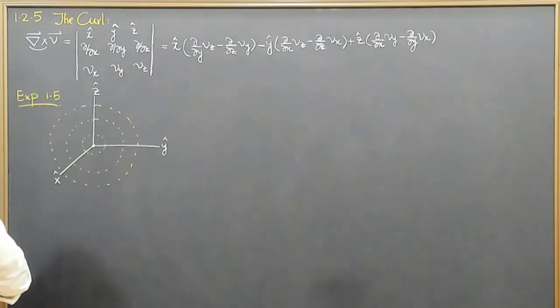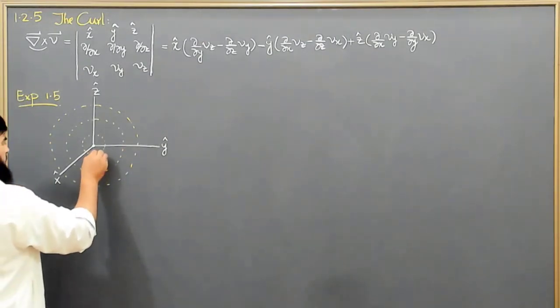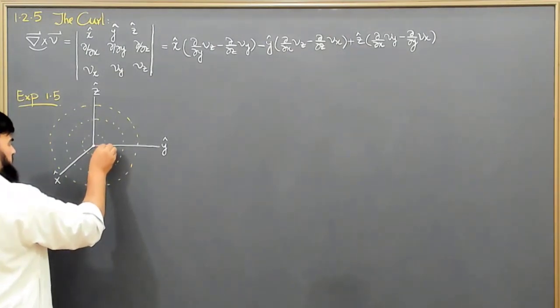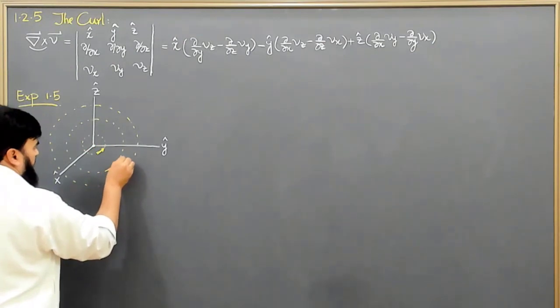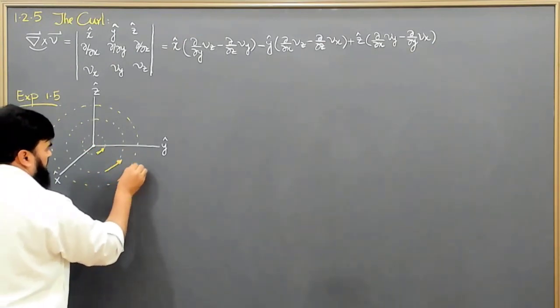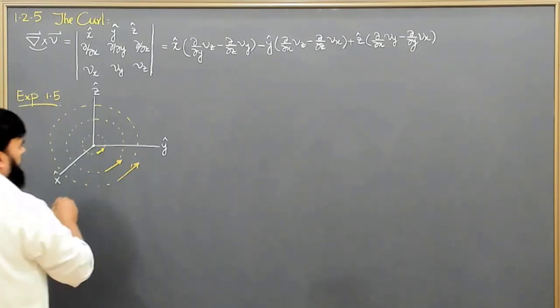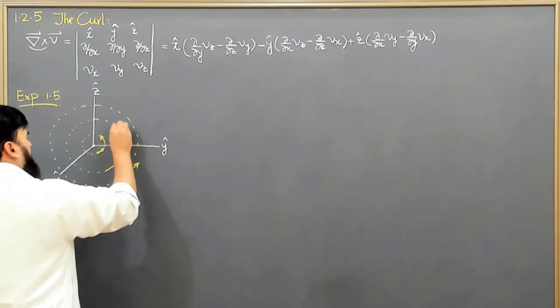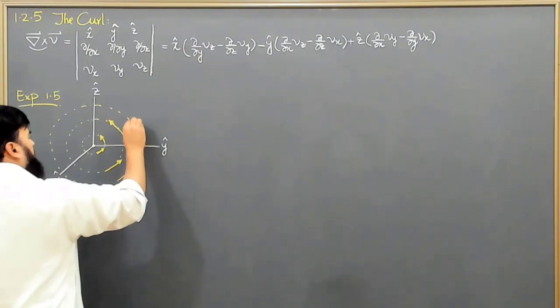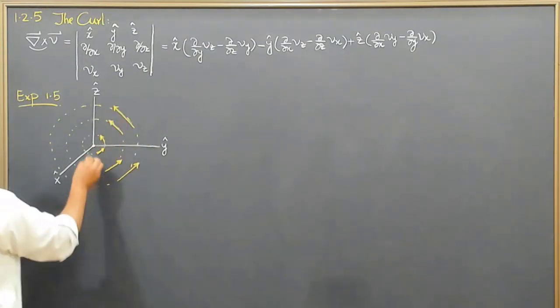Let me now draw the vectors here in order to represent this. For example, this vector curls like this. Similarly, it will be a bigger vector, and this will be a further bigger vector, and then a short one here, and here as well.